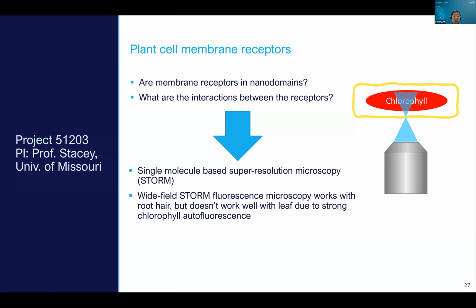However, there's an issue of autofluorescence from chlorophyll, as illustrated on the right-hand side. We want to image the membrane, but there's a big chlorophyll layer on top, producing a huge background. Even if we choose a wavelength range with weak chlorophyll fluorescence, it is still very strong compared to single molecules.